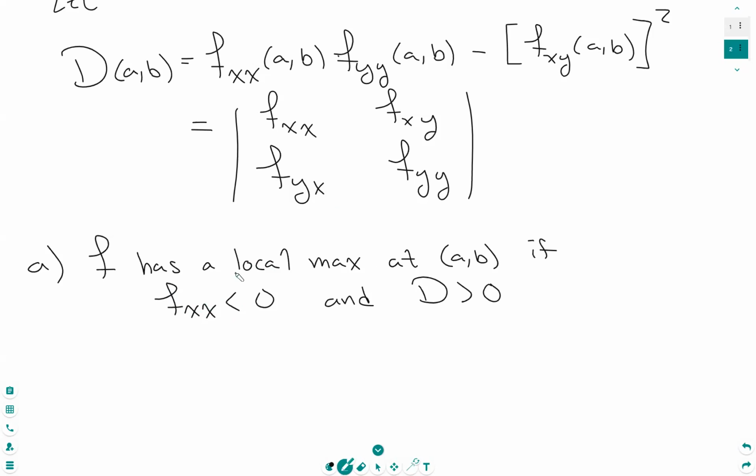And if they're both negative, that means their product ends up being a positive quantity. This mixed term is kind of like how the derivative changes in the orthogonal direction. We won't dive into the specifics of how this was derived. That'd be too long. If you want, you can look it up. It's not in your book. You could look it up online, or we can talk about it at some other point. But let's just go through the options here. So you can test fyy instead of fxx.